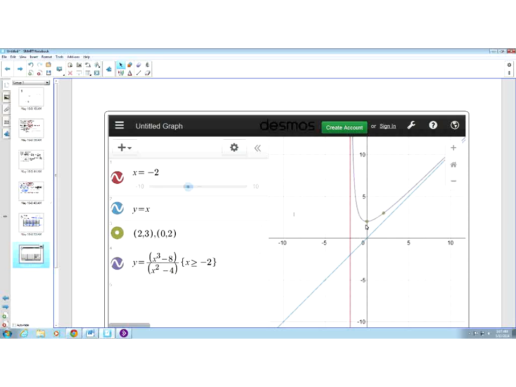Okay, so let's investigate this. The purple branch is clearly above the x-axis. It's asymptotic with the vertical asymptote, and it's asymptotic with the slant asymptote. You can see that structure. Now, there's one little mistake shown on this graphing calculator, and that is the solid fill of the hole.